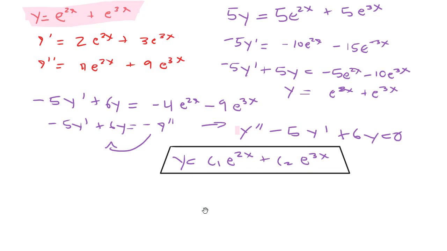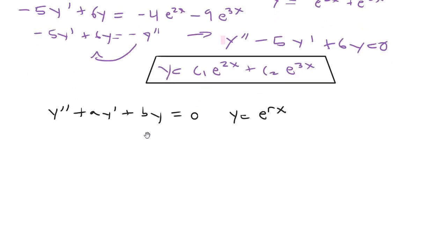So what that means is that, for example, if you have a differential equation of the form y double prime plus a y prime plus b y, and this is all equal to 0, whenever you're trying to solve this, the solution will be of the form e^(rx). So if you have a second-order differential equation of this form, you do not need to do anything beyond just substitution.